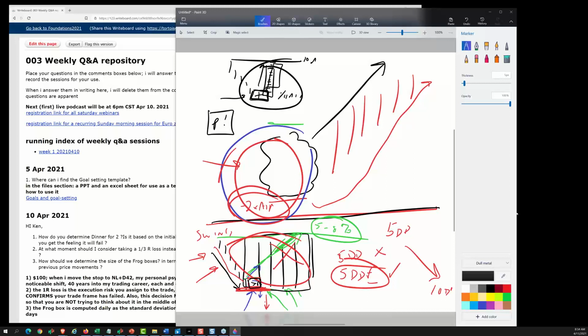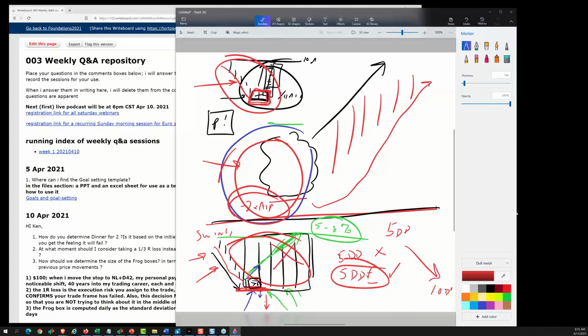What gives me the rationale for a 0.2 stop is the size of the risk box that is framed based on the characteristics of the price action of the pattern. So if you really understand the pattern in the 5DD, what you want is a 5DD that terminates in the smallest possible daily range, because that's the mechanical range.